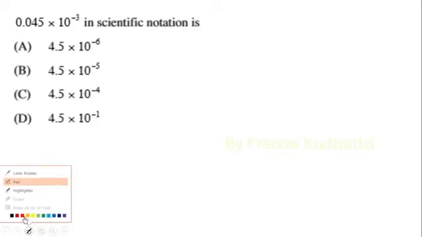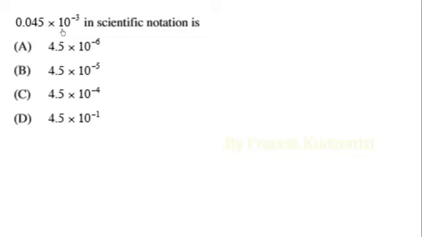Now we have this one, 0.045 times 10 exponent negative 3. We want to rewrite this in scientific notation.